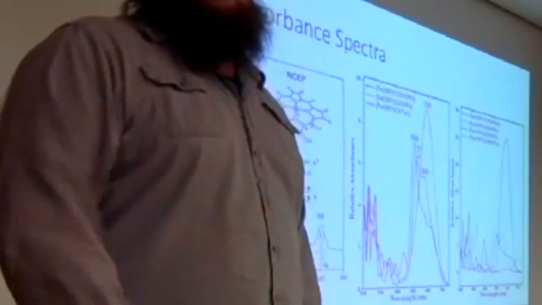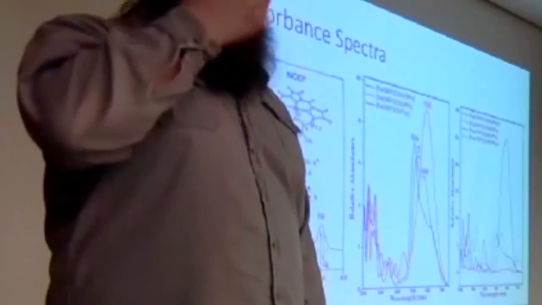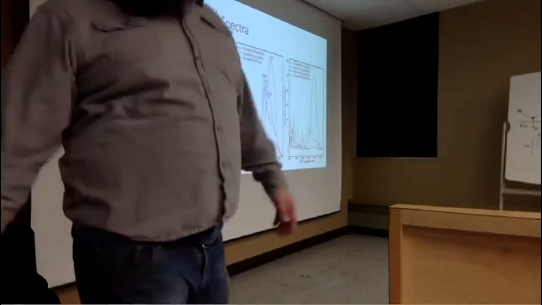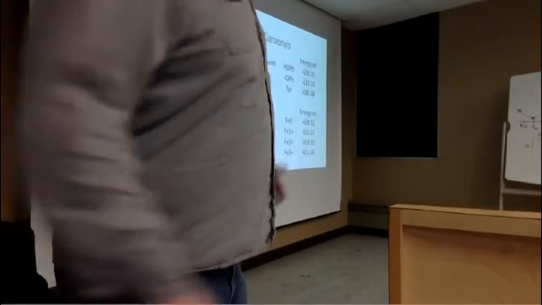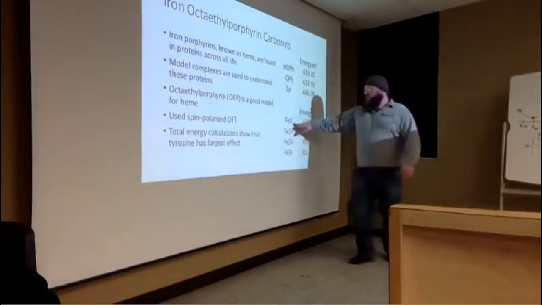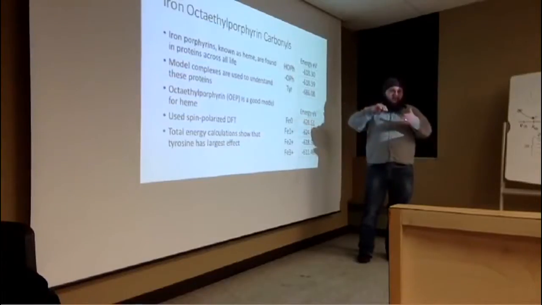And are they all expected to be occupied, or all of them expected to be unoccupied, or is it proportional? Well, it depends on the oxidation state and if it's high spin or low spin. So in this case, iron 0, it has 6 D electrons.